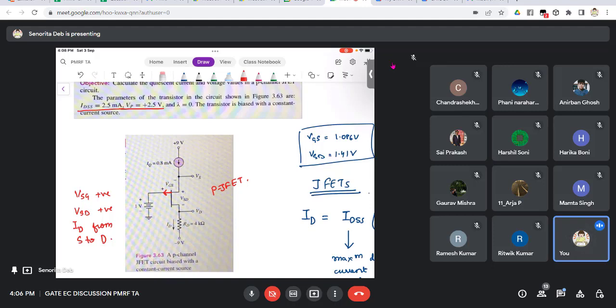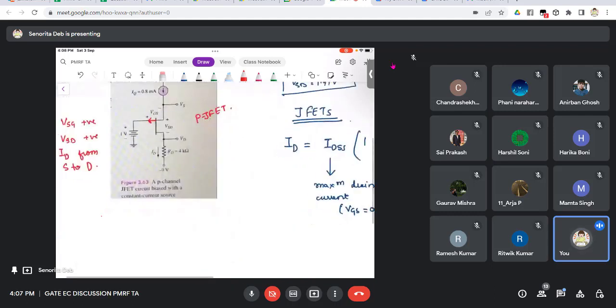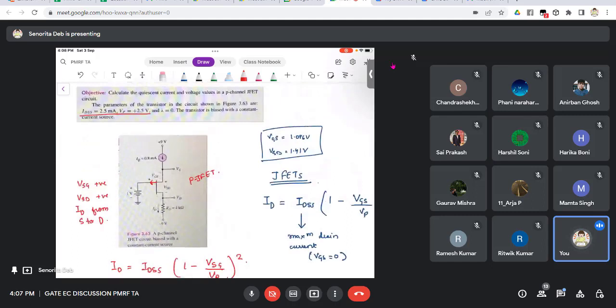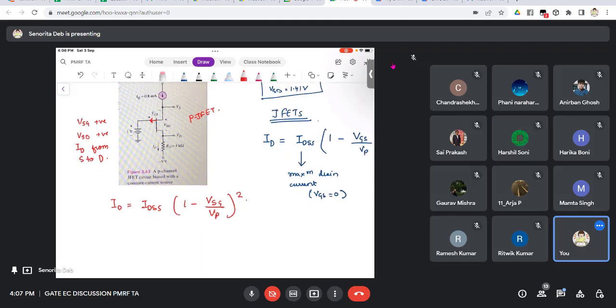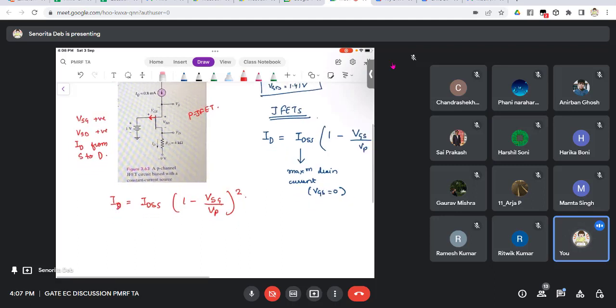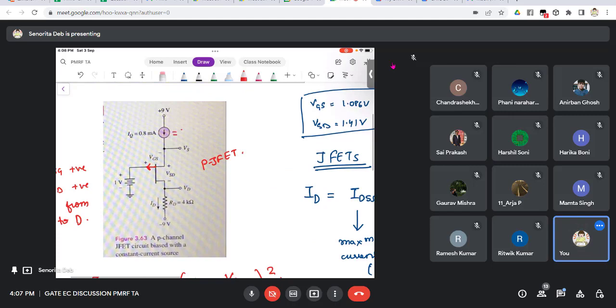So now, how will you solve this problem? You have the formula, ID equals IDSS times (1 minus VSG by VP) squared. Now the value of VP is given to be plus 2.5. You should know that here the value of VSG will also be positive, or you can write it as VGS itself and that will be positive. Now what is ID? They have placed a current source, so in that branch the current is defined.